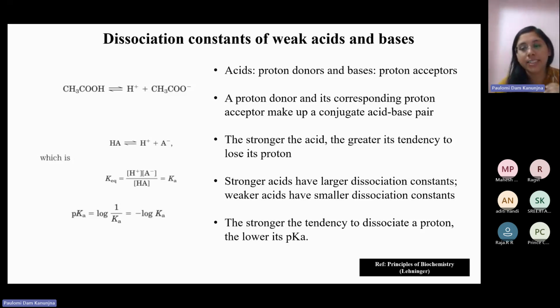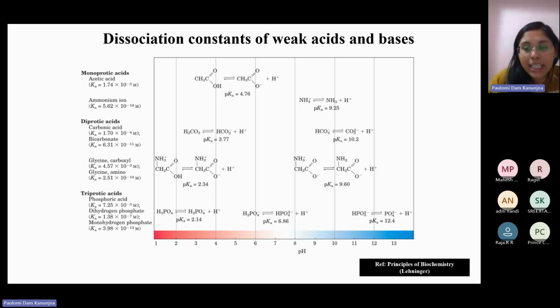This is from Lehninger. In this chart here, we are looking into different pH values, and we are trying to understand how they are related to Ka. You have the Ka value on your left under each of these acids or molecules, and the pKa value inside the figure.